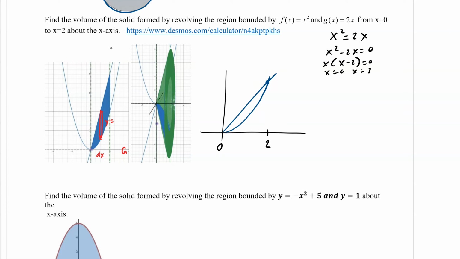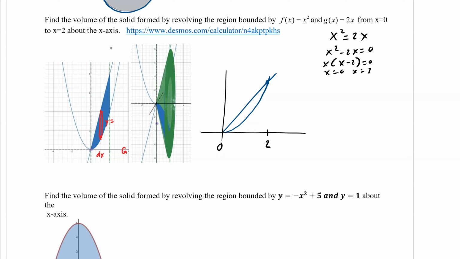So now if I draw my rectangle within there, and I rotate it, and always rotate it at an angle, as if you're looking at that picture from Desmos, so that you can get your disk out of it. And then we go back and we label it, and so this is a dx, and this is a y equals. So we go back up and make sure everything is solved for y, and it's perfect.